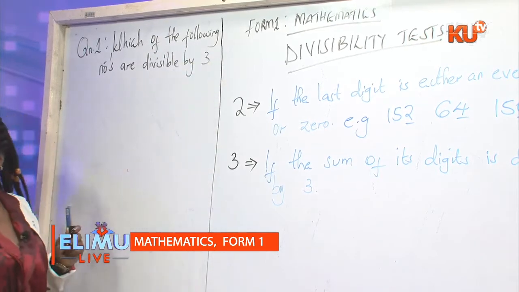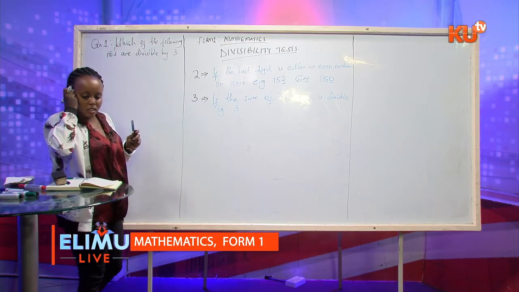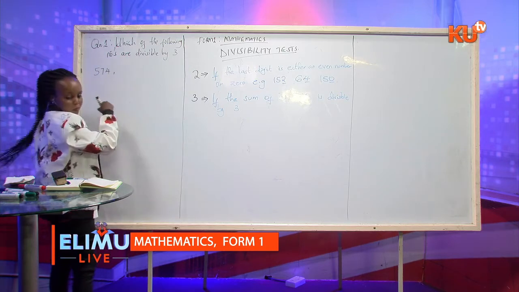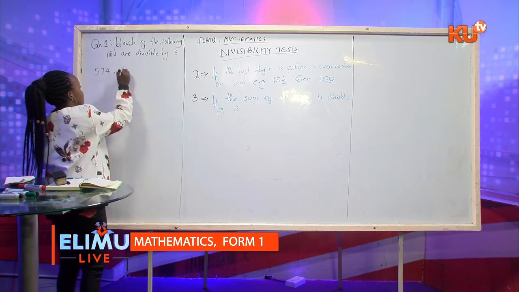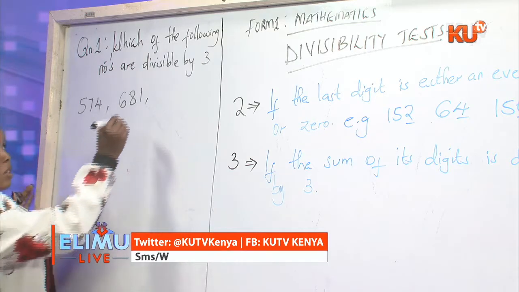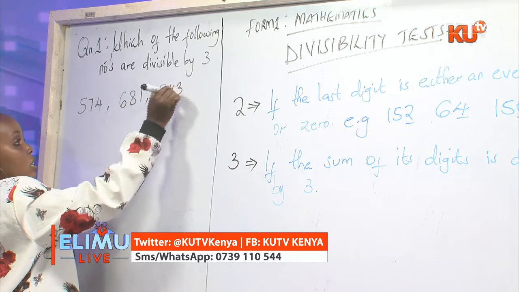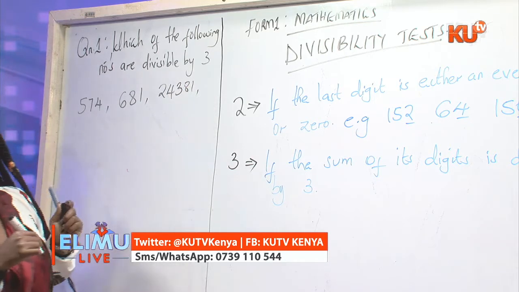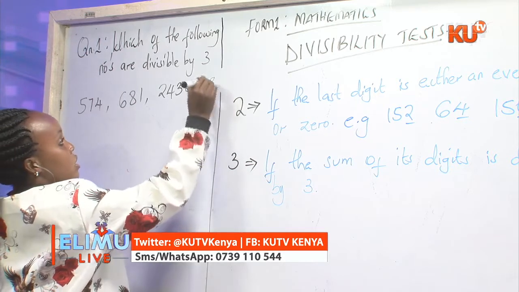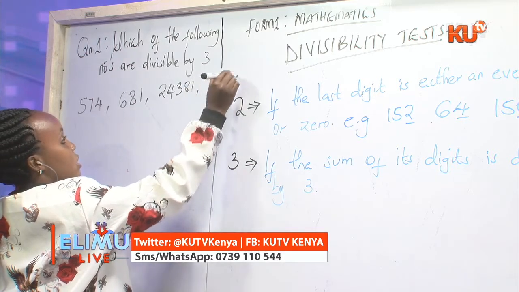The numbers that we are given there are 574, 681, 24,381, and lastly we have 87,690.